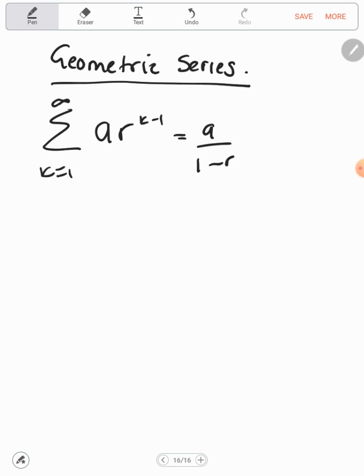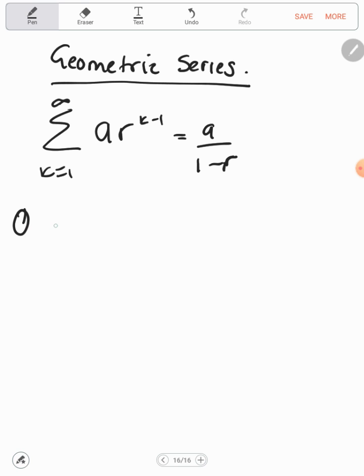This is how a geometric series looks. Depending on the sum, if this is a finite number, then we say that the series converges. If it's not a finite number, then the series does not converge. So a over 1 minus r is the sum of the geometric series.